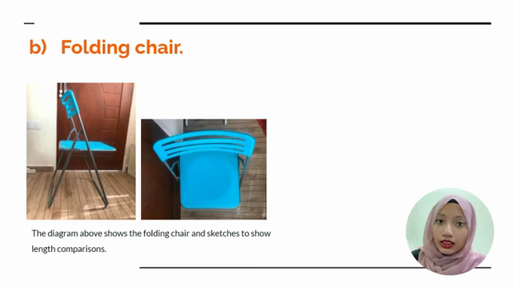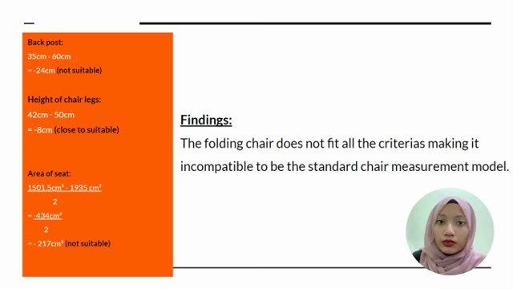Next is the folding chair. Based on the comparison of the measurements with the standard human measurements, we have gotten the result that the back post is not suitable since it is negative 24 centimeters far from 0. And the next is the height of the chair legs, which is negative 8 centimeters, almost close to suitable since it is almost close to 0.